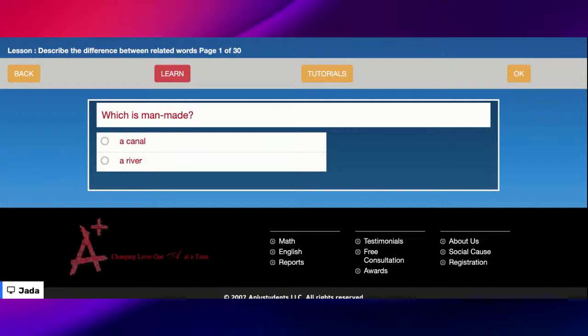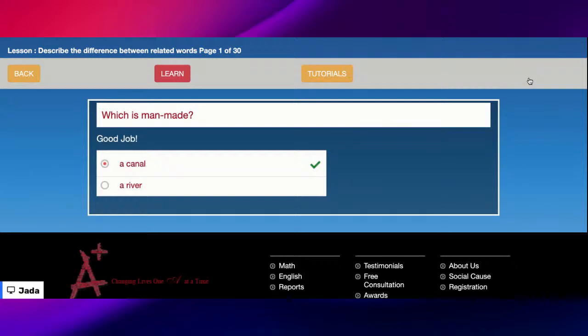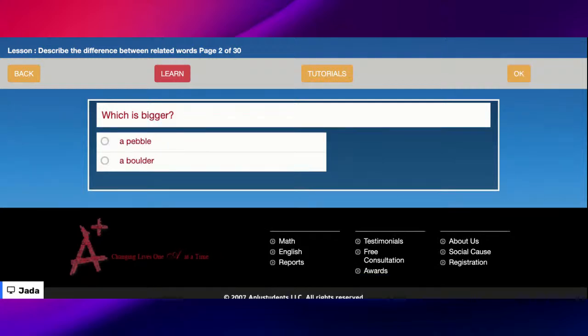So you send your answers on the chat. Which of these is man-made? Option 1. Okay, because a river cannot be man-made. Okay, good.